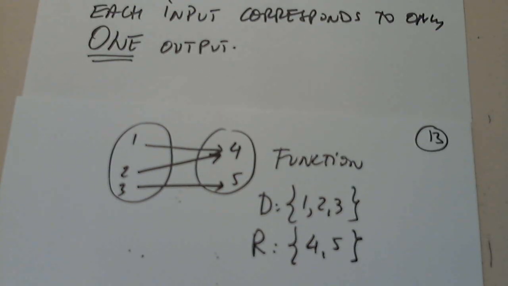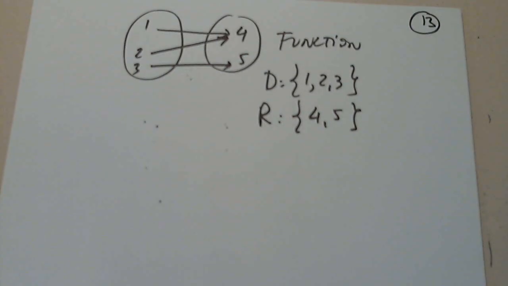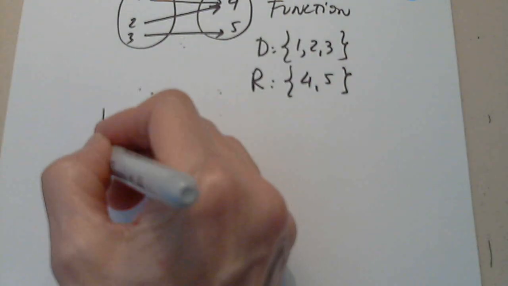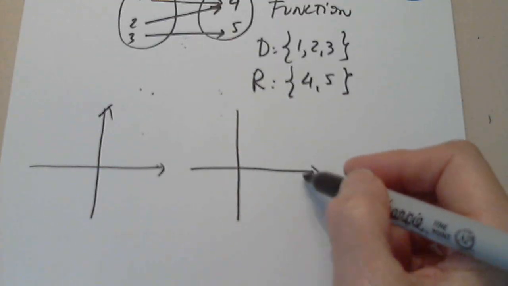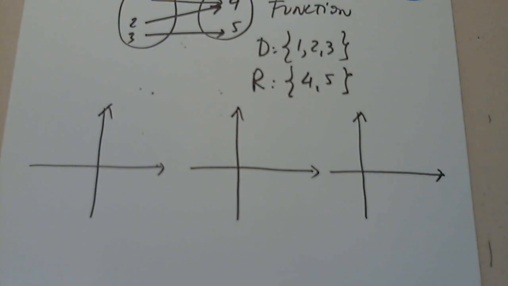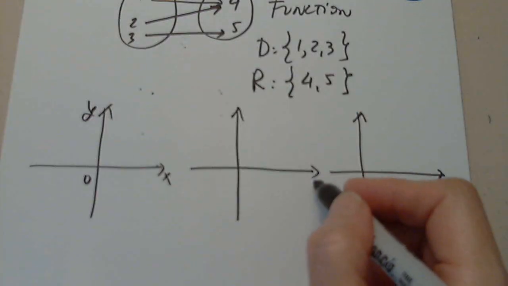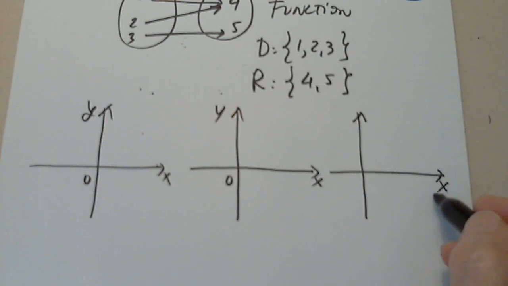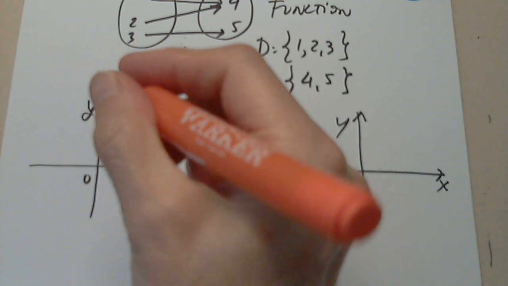Okay, moving on then. What if I have graphs? So let's look at a few graphs. I want to identify which ones represent functions and which ones do not represent functions. So this is the coordinate system. And let's look at a few graphs. Here's one.